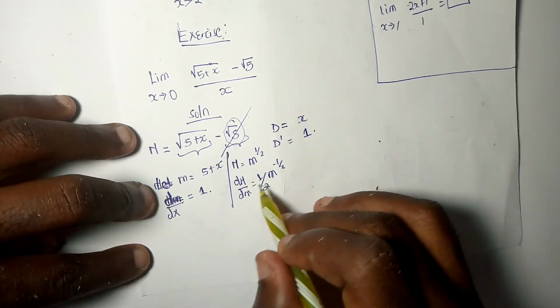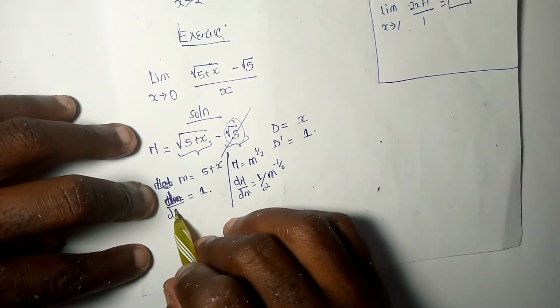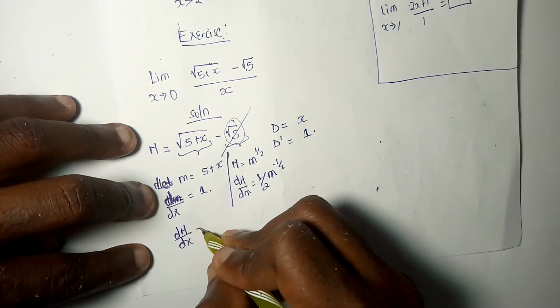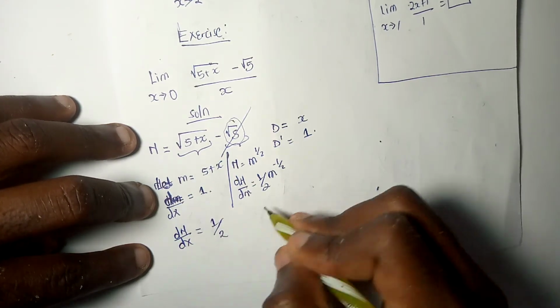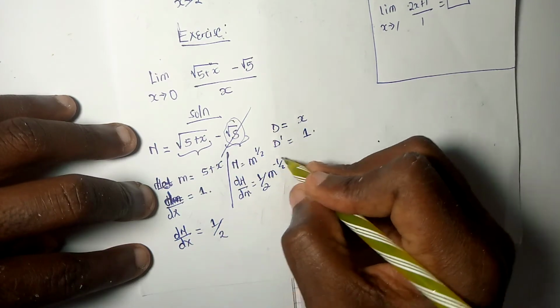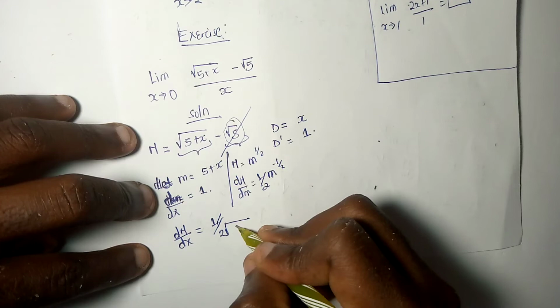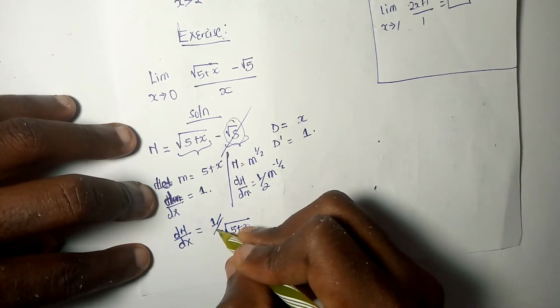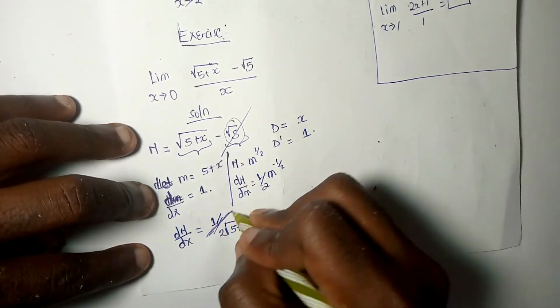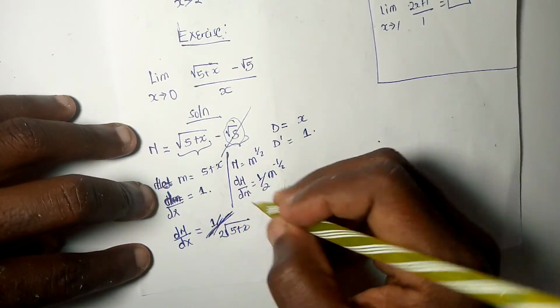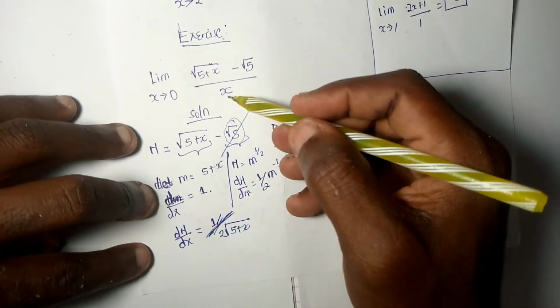Then the derivative is the product of these two. So dn over dx is a half multiplied by m raised to minus a half, which is in terms of root 5 plus x. So this is the derivative of the numerator, and the derivative of the denominator is 1.